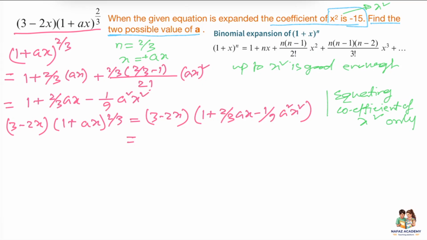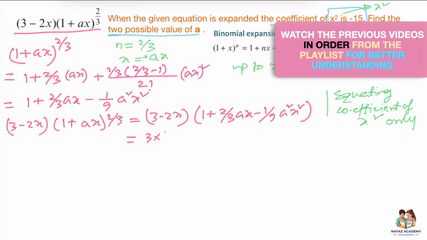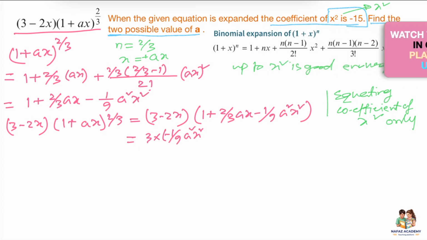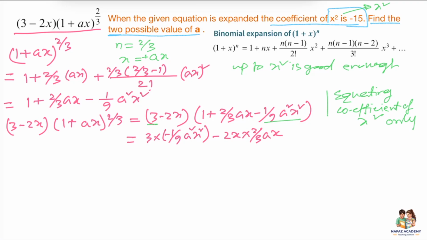It is not necessary to show you how to multiply all of this. So 3 times minus 1 over 9 a squared x squared, and next is 2x times 2 over 3 ax. If we multiply them, we will get the x squared terms.